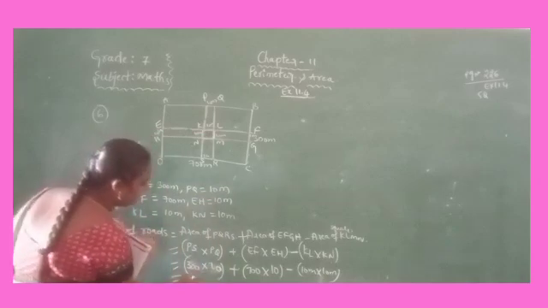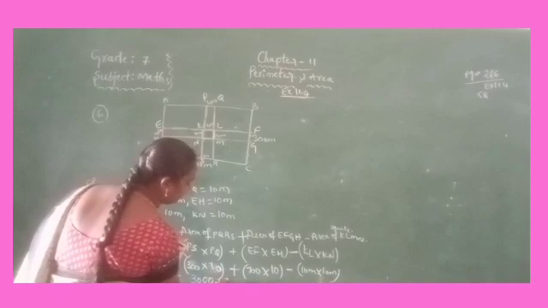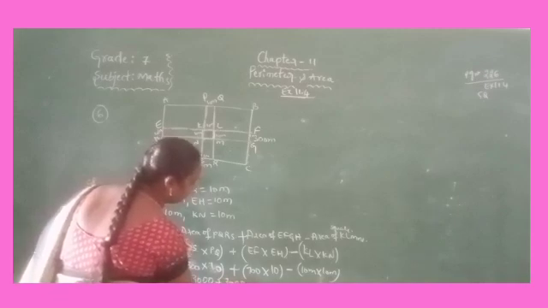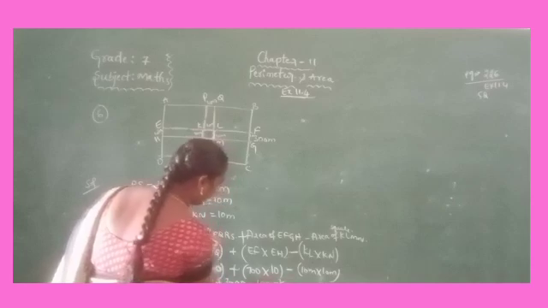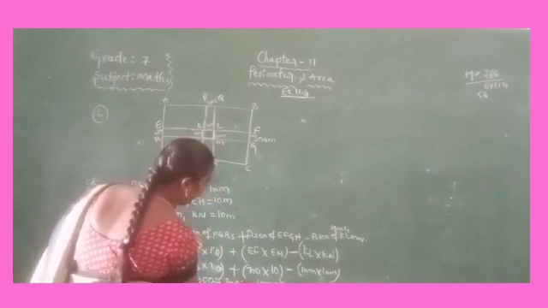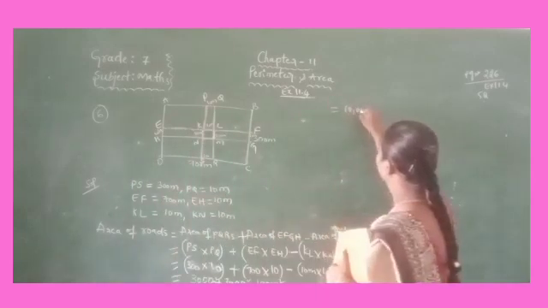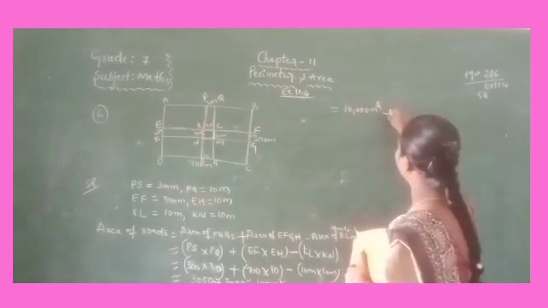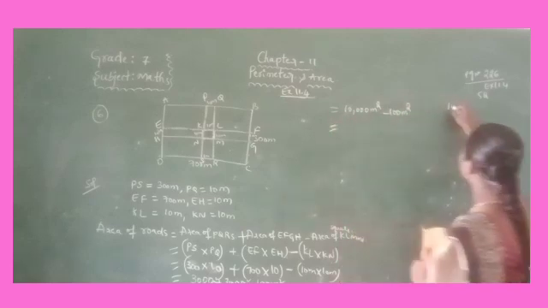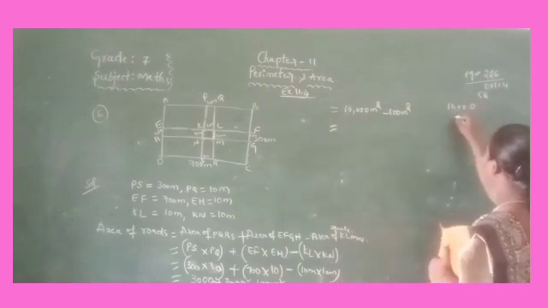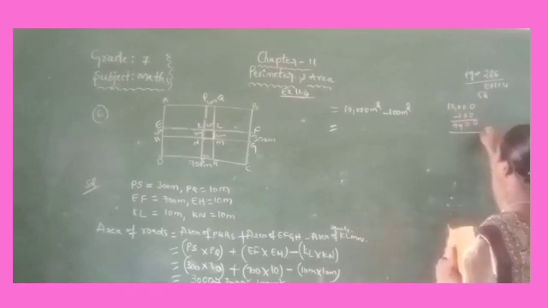Right. 300 into 10 is 3000, plus 700 into 10 is 7000, minus 10 into 10, that is 100 meter square. Now add 3000 and 7000, that is 10,000 meter square, minus 100 meter square. Subtract 10,000 minus 100, you get 9,900 meter square.